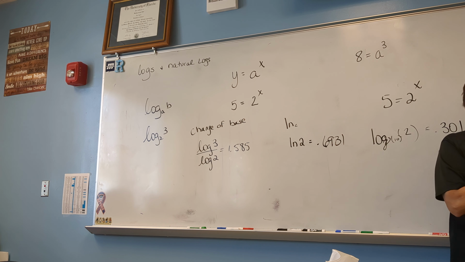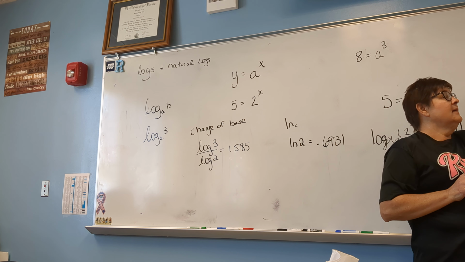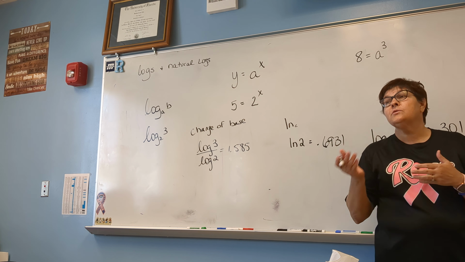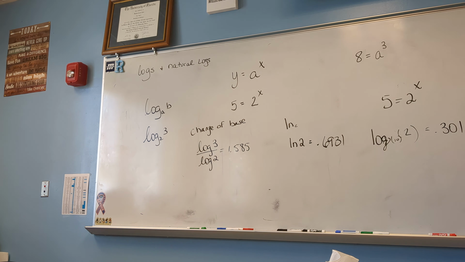There are ways to take this, which is in a regular format, and rewrite it in what we call exponential format. Let me show you the little technique that makes this work. You're going to take the little guy a and raise it to the power y, and it's going to be equal to b. So let me show you what that looks like. a to the y equals b.